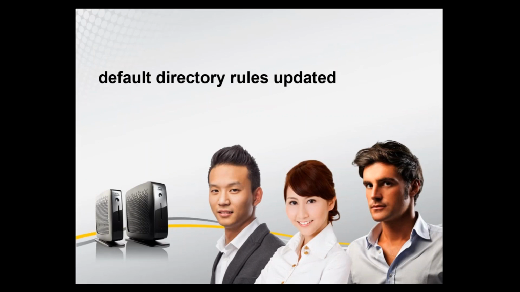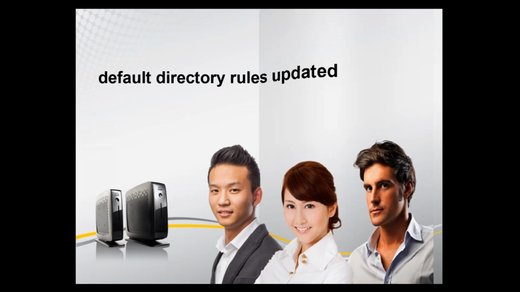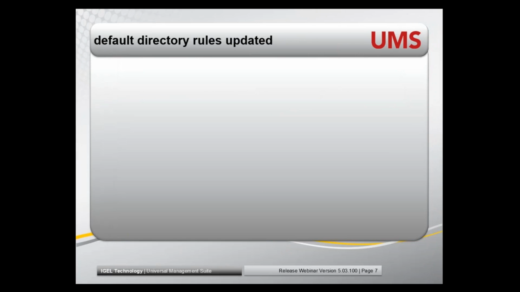Then the updates for views and for default directories. The challenge was to improve the usability. What is a default directory? You can realize an automatic inclusion of thin clients in your UMS, or you can scan for them manually and include them. Then they will jump automatically or manually into the folder thin clients.